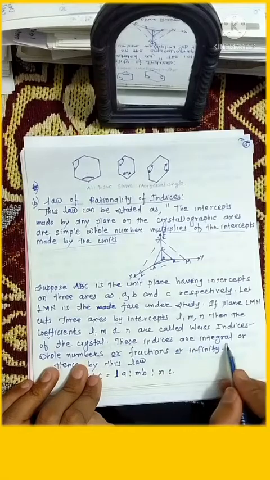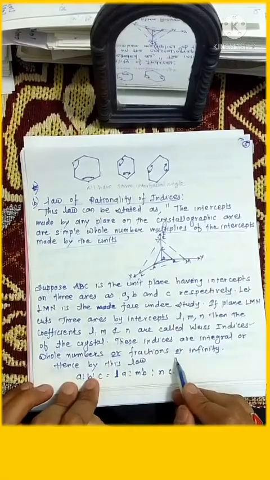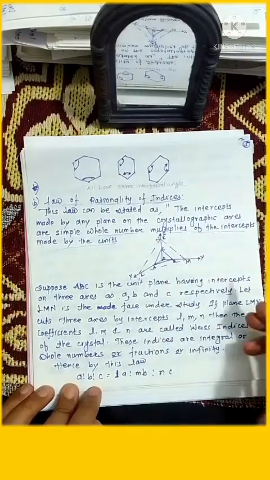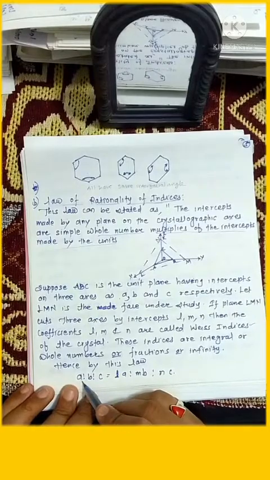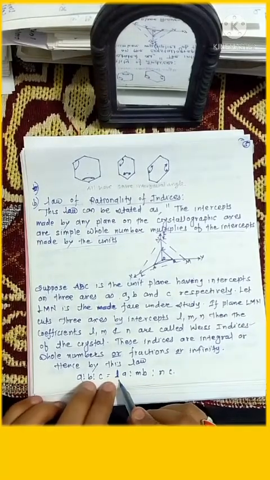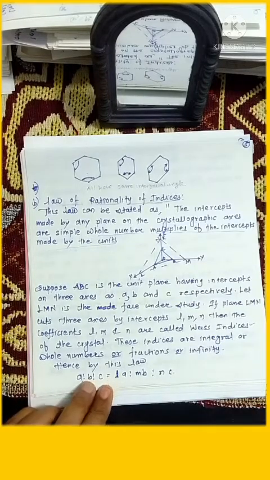These indices are integral or whole numbers or fractions or infinity. Now according to Weiss law, A is to B is to C is equal to LA is to MB is to NC.